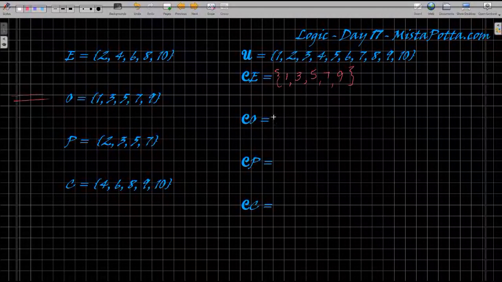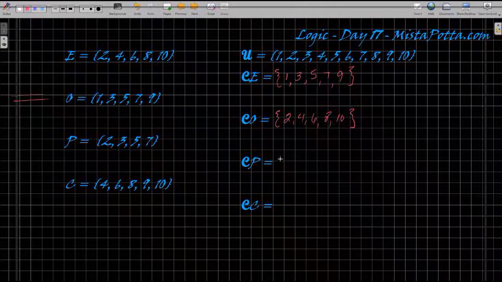And of course, if we asked for the complement of O, everything that's not in O, that would be 2, 4, 6, 8, and 10.